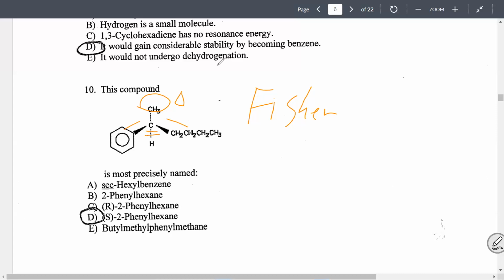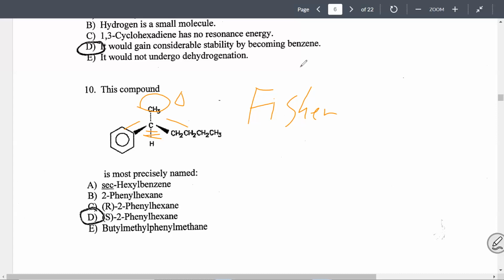Whatever's at the bottom, dash. So, because it's jumping out at us, the CH3 is coming forwards to you. The benzene and the long carbon chain are on the sides, they're planar. Then the hydrogen is all the way in the back.